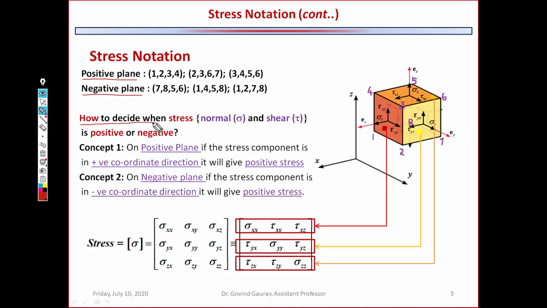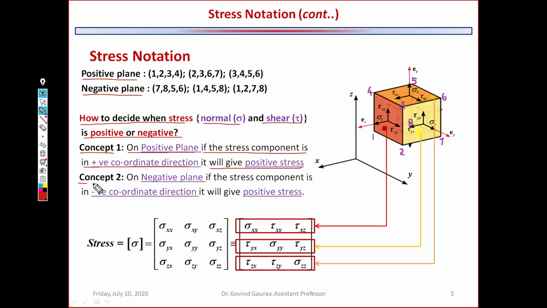So how do we decide when stress, both the normal stress as well as the shear stress, is positive or negative? The first concept lies over here. On the positive planes, if the stress component is in the positive coordinate direction, it will be termed a positive stress.